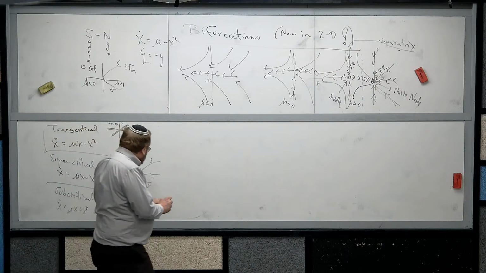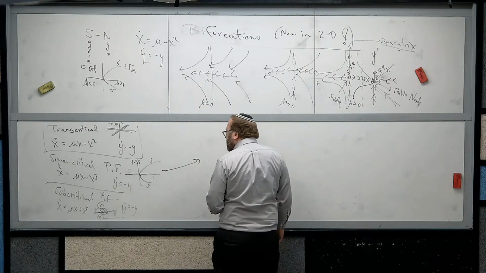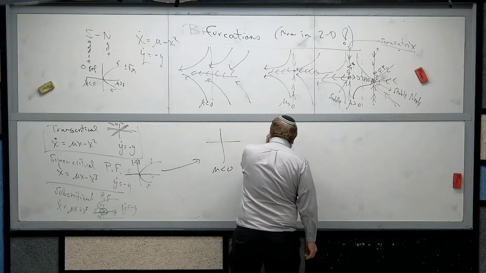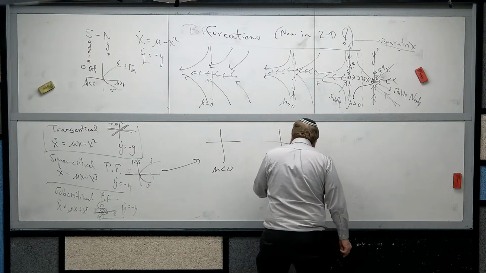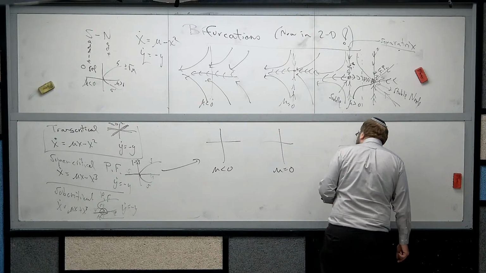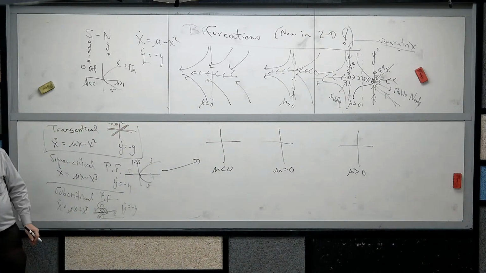Okay, so now, what do we have out here? We're going to do our supercritical here. And again, we have our 3 pictures: mu less than 0, mu equal to 0, and mu greater than 0.